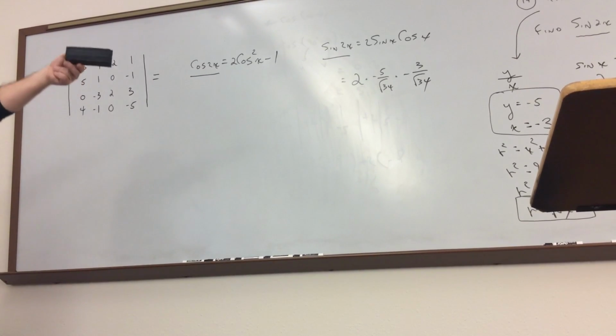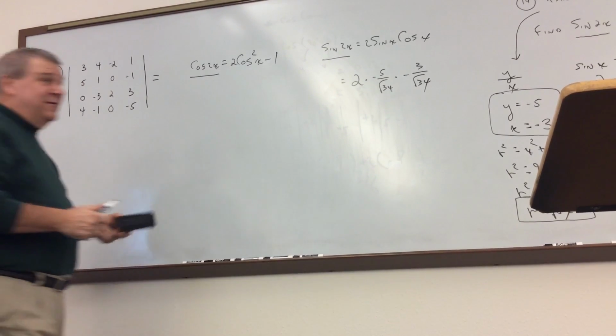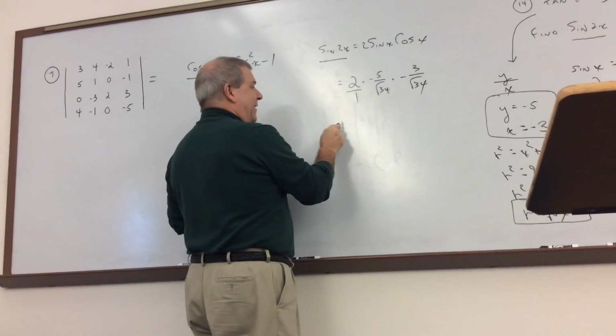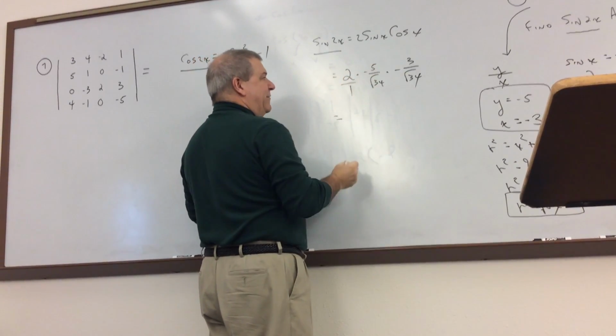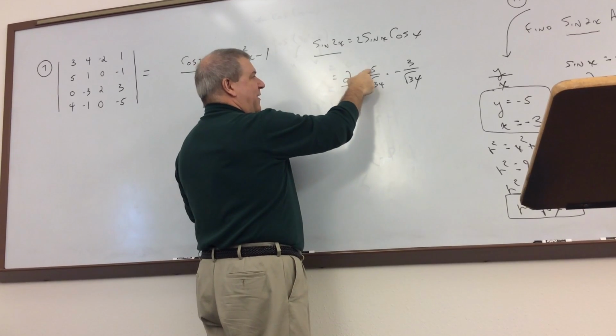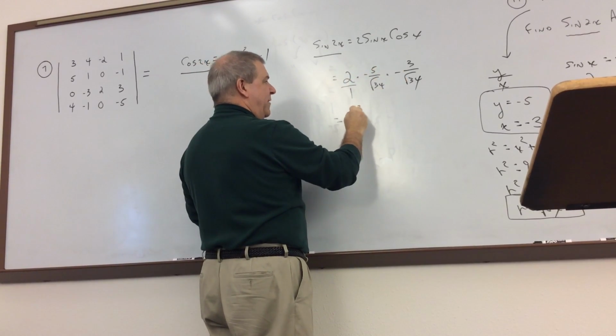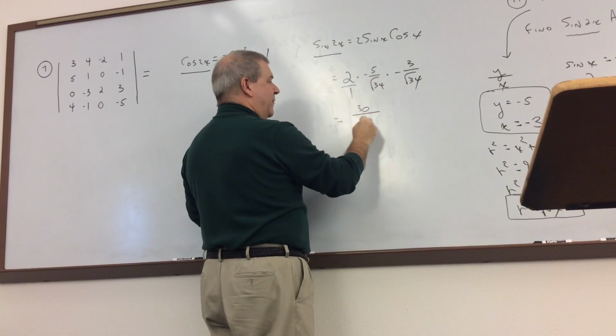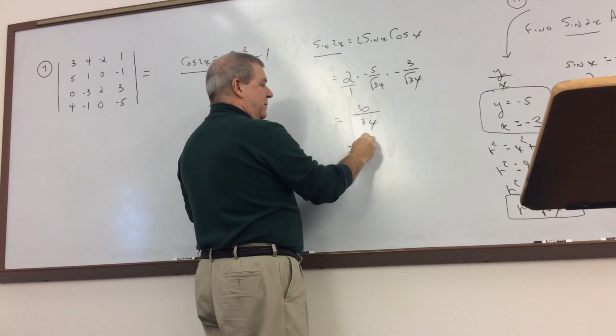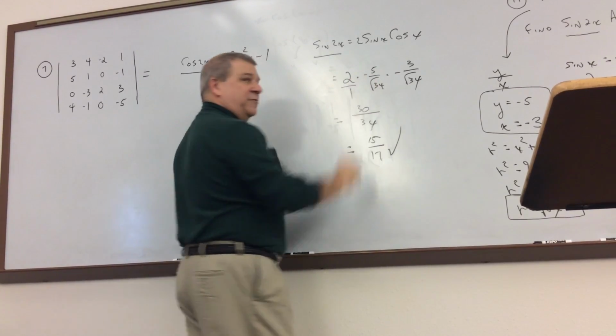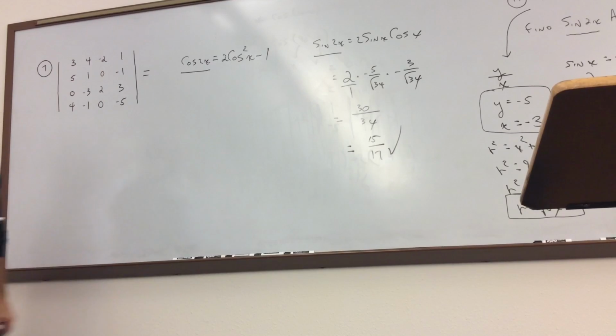Wouldn't that be easier than using the other forms? See, this is over 1. A negative times a negative is a positive, so what's this? 2 times 5 is 10, times 3 is 30. So isn't this 30 over 34? And you just reduce. Now, who has a question here? I guarantee one of the problems on the test tomorrow is going to be like that.